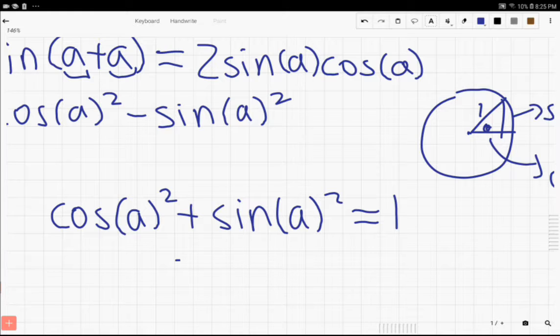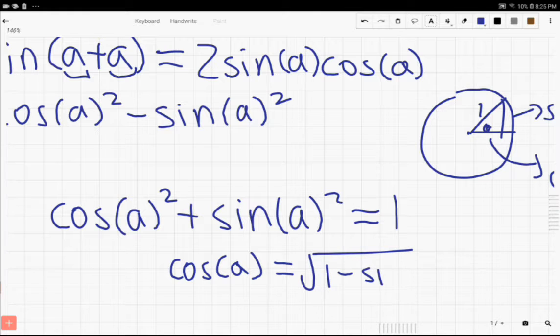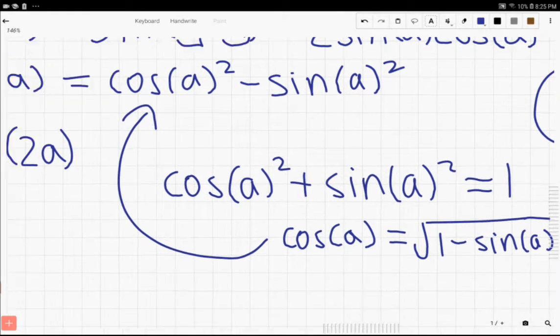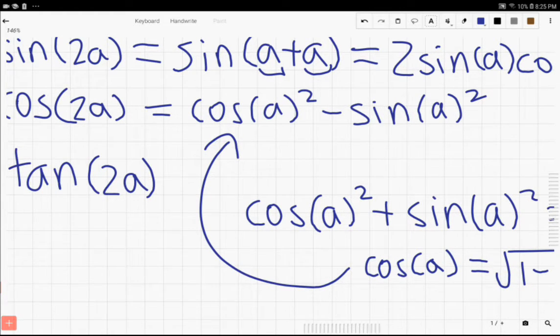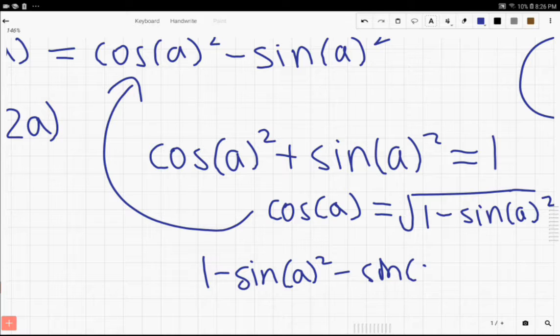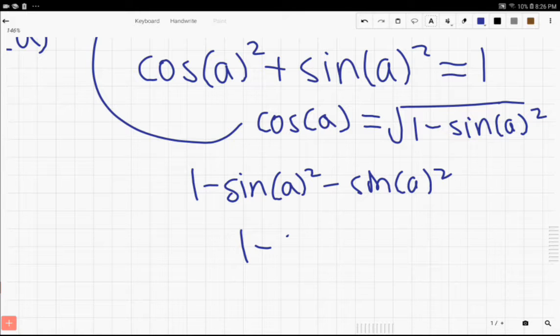Now, when we solve for one of them, we end up getting a certain value. For example, cosine of A is actually equal to the square root of 1 minus sine of A squared. And when we plug that into the cosine double angle identity, we actually get 1 minus sine A squared minus sine A squared, and that becomes 1 minus 2 sine of A squared.